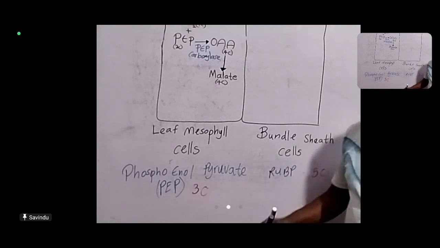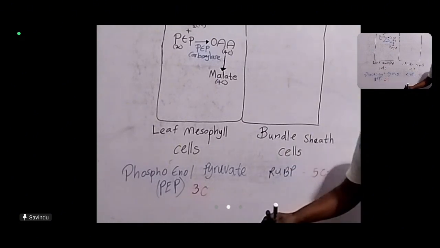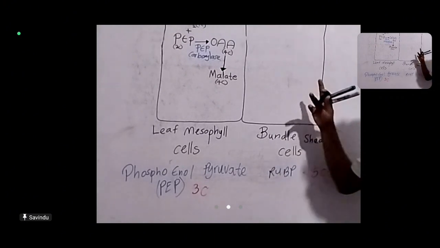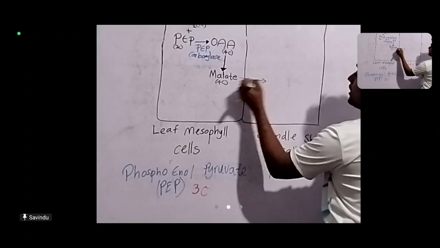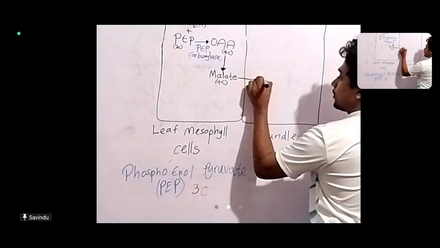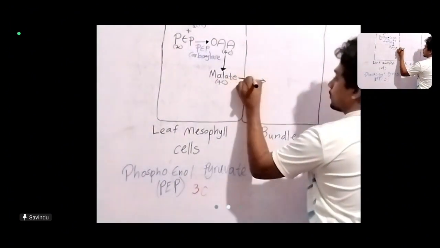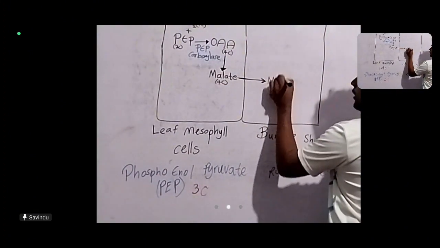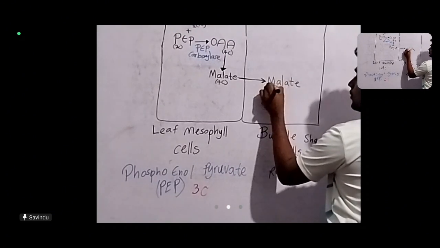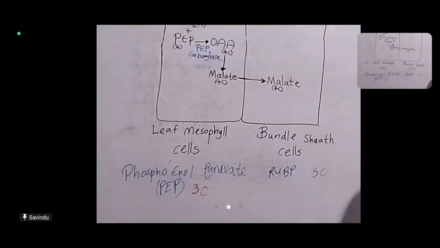Okay, malate is transferred, diffused into these bundle sheath cells. Here, malate in bundle sheath cells. Okay, now add 4 carbons here.